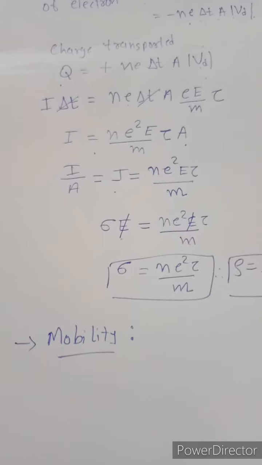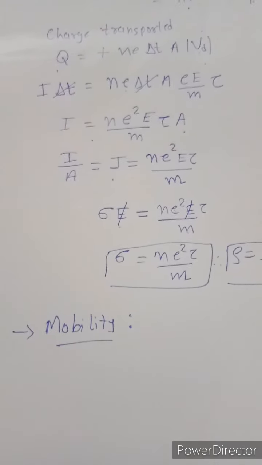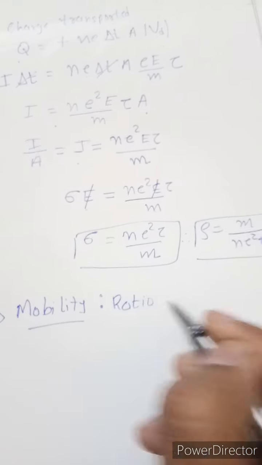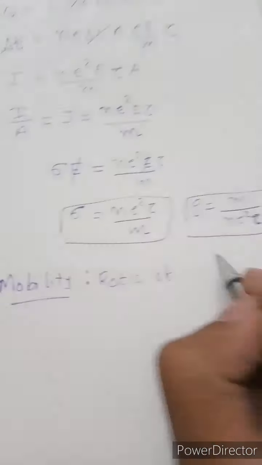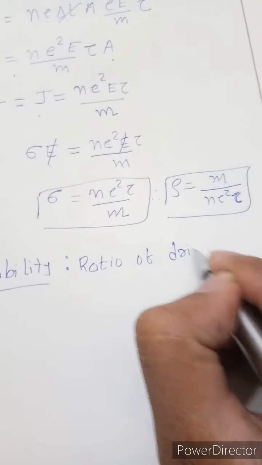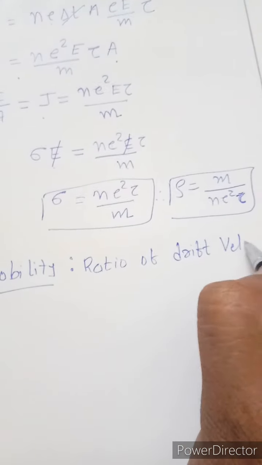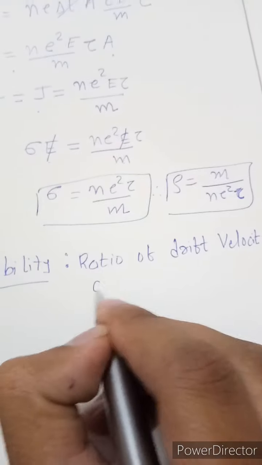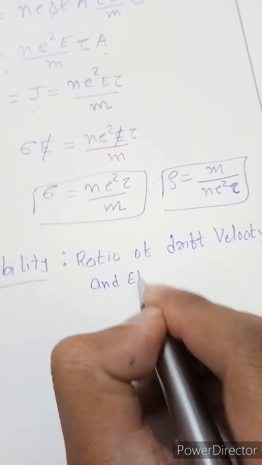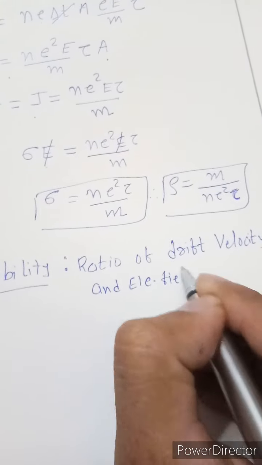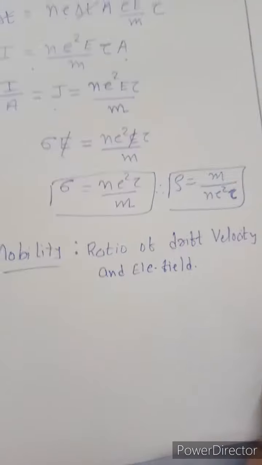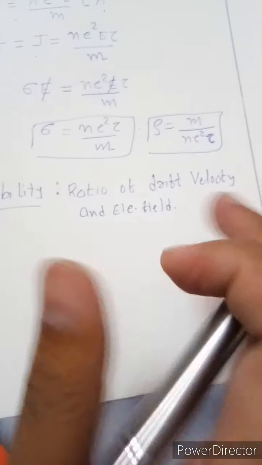So first you have to write the definition of mobility, and the definition of mobility is the ratio of drift velocity and electric field. So the definition is: the ratio of drift velocity and electric field is known as mobility.